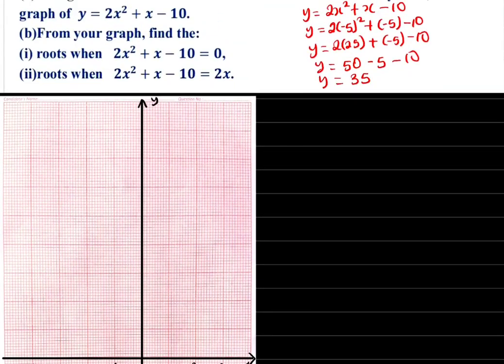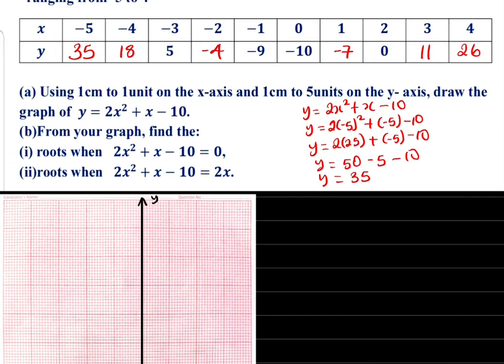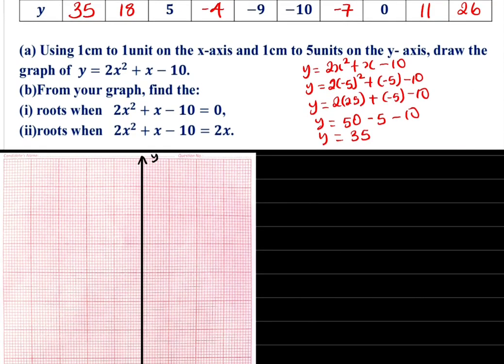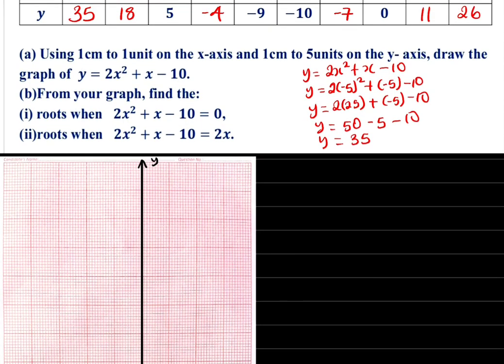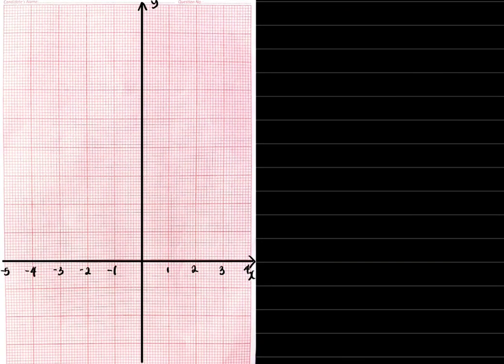Perfect. Then let's go to the y-axis. Okay, we have the highest being 35 and the lowest being minus 10. But again, if you check, it is 1 centimeter to 5 units. So we are going to have 5, 10, 15, 20, 25, 30, 35, 40 upward.